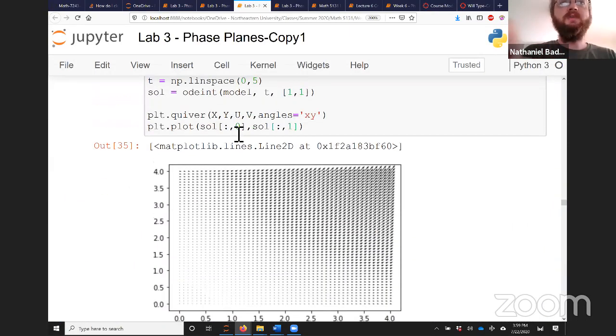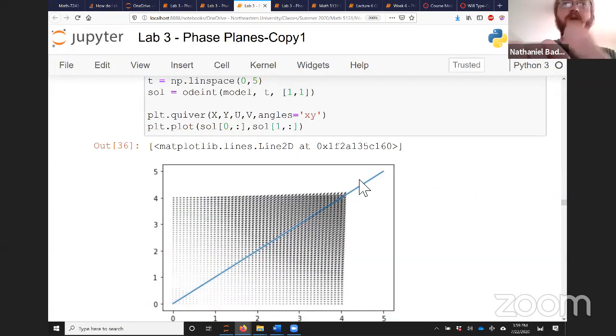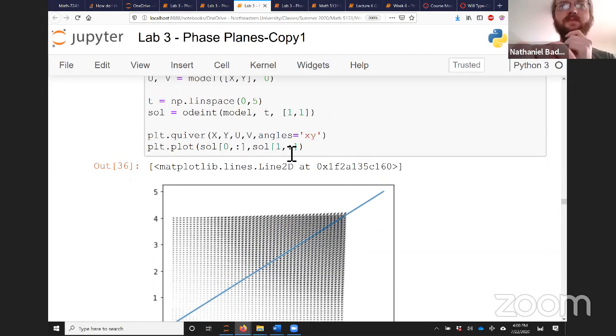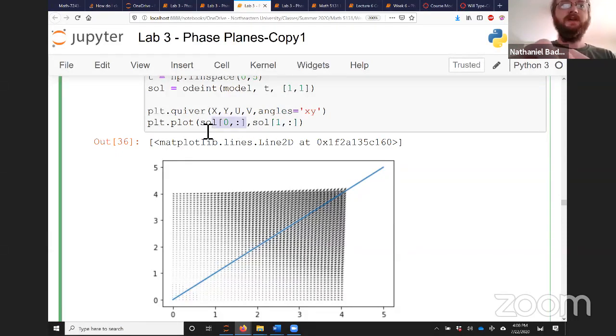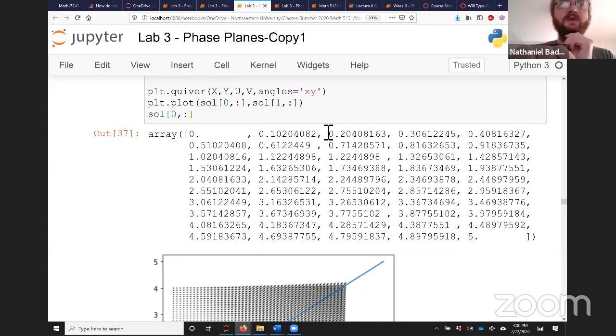Yep, got that backwards. And there we go. So here is our solution following this curve. Well, no, that shouldn't be quite correct. Okay, anyway, I apologize. In the interest of time, let's move on. Okay, yeah, I guess that is what we get.